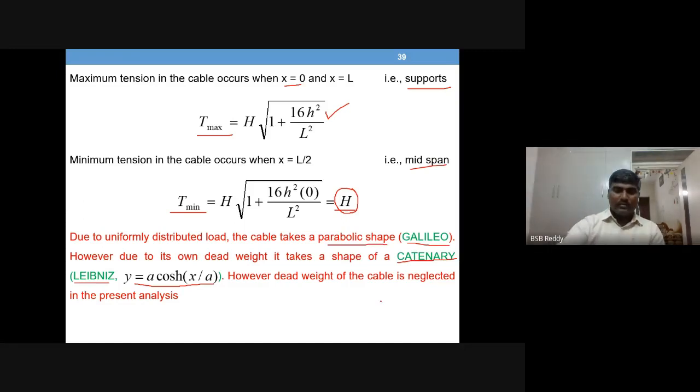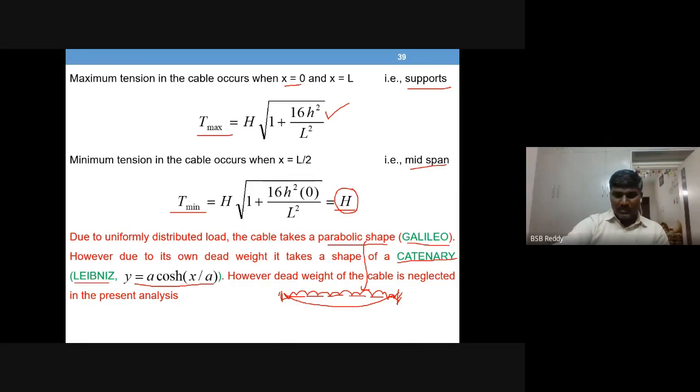Okay, so for a cable applied by UDL along the span, there are two cases that you have to clearly understand. For the cable applied by UDL along the span, the shape of the deflected cable is a parabola.